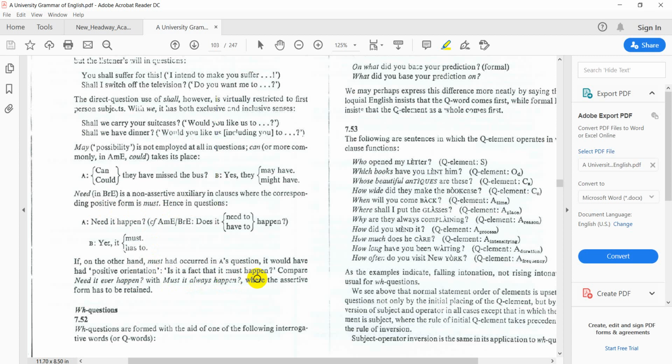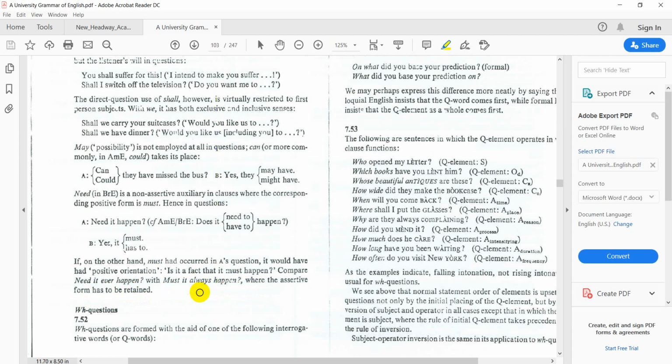Is it a fact that it must happen? See, here I'm asking by must, it means it's true that it happened. Compare need: need it ever happen, with must: must it always happen, where the assertive form has to be retained with must, of course, because it means positive things.